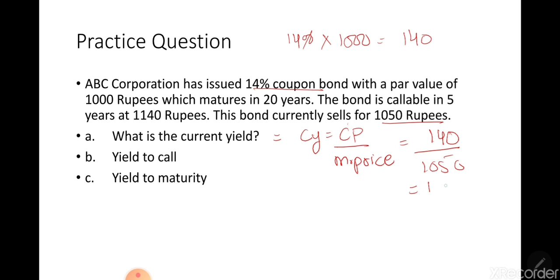So this gives you a current yield of 13.33%. This is the annual return the bondholder will get if he purchases the bond at a price of 1050 rupees. Now first we will do yield to maturity and then we will come to yield to call.